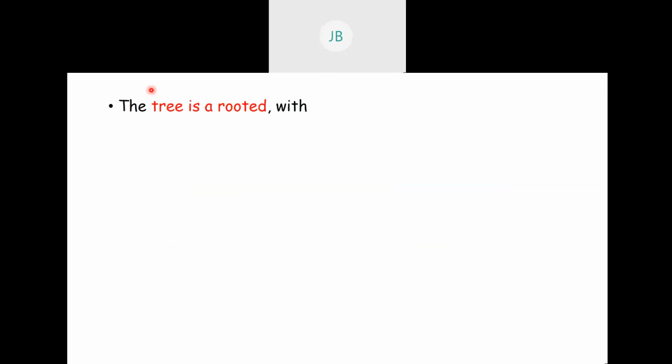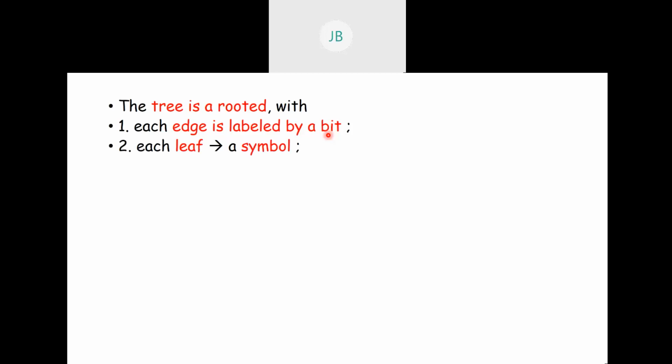Okay, so now when we write a tree, we will have a root. From the root, we will have the branches, one moving to the left, the other moving to the right. Each edge or branch is labeled by a bit. The bit may be either 0 or 1. And then each leaf is represented by a symbol.